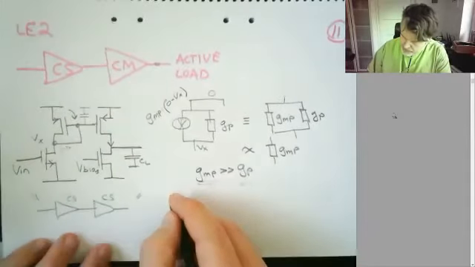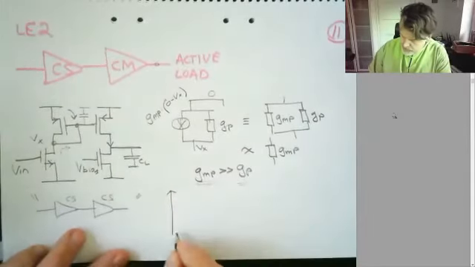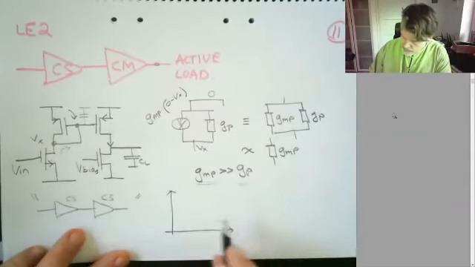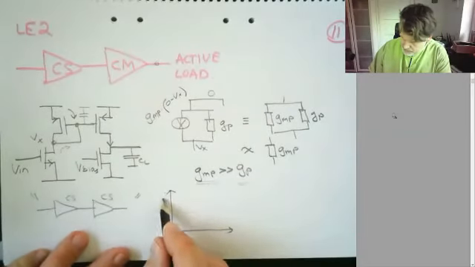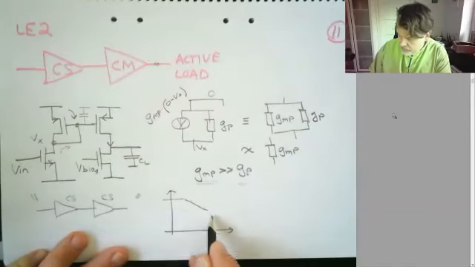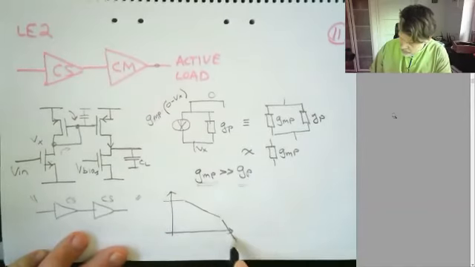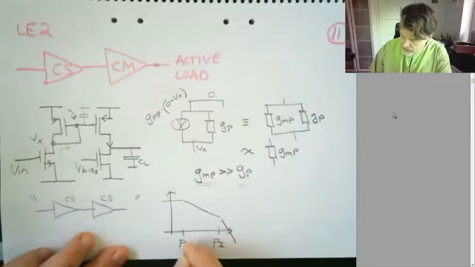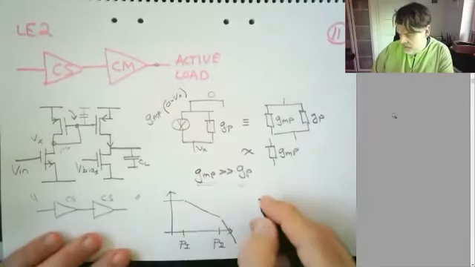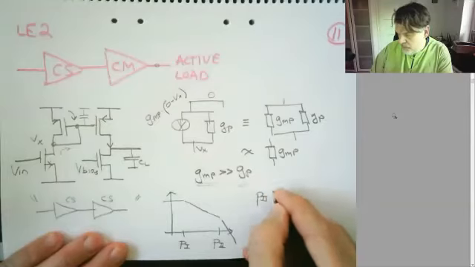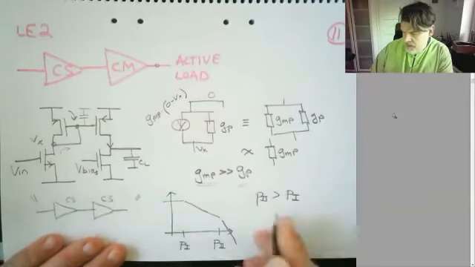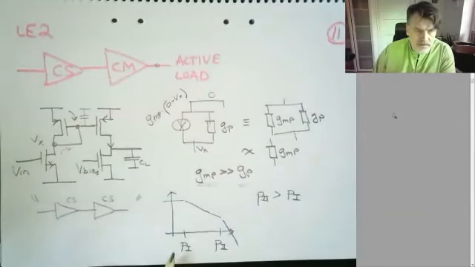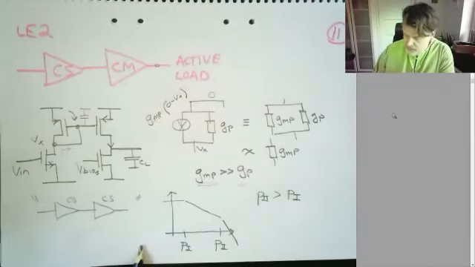I don't know if I need to draw the diagrams, but let's just combine them already. We've already done those multiplications, so I'm deliberately drawing it somewhere in between. So P2 probably, let's put larger than the other one, not necessarily much larger, but at least some decent amount larger.